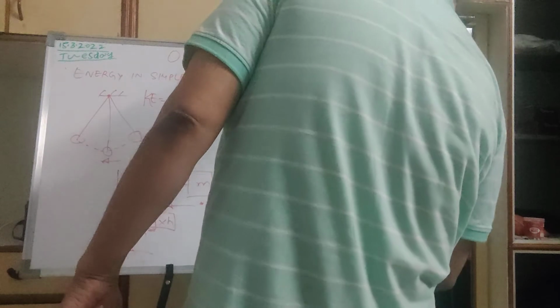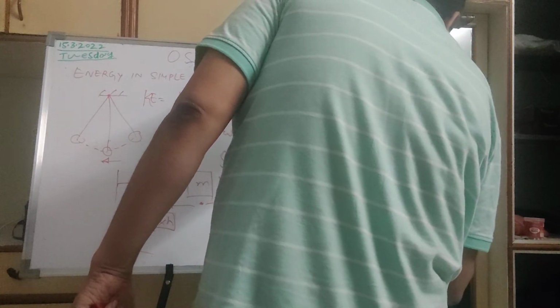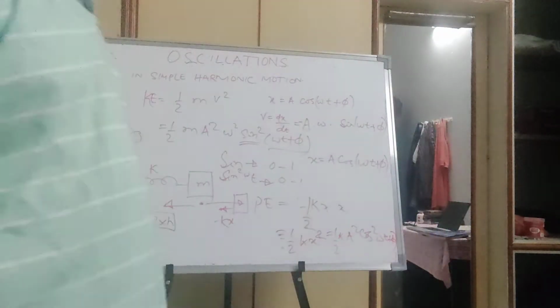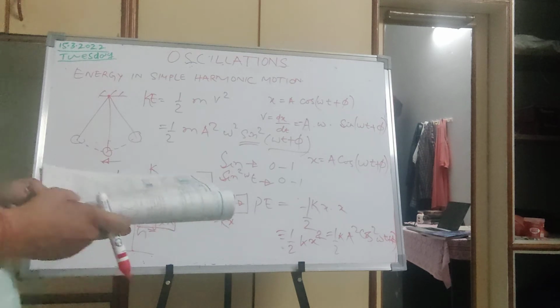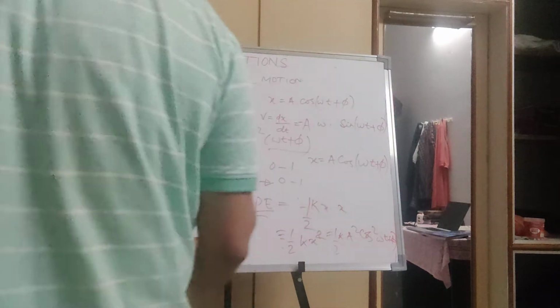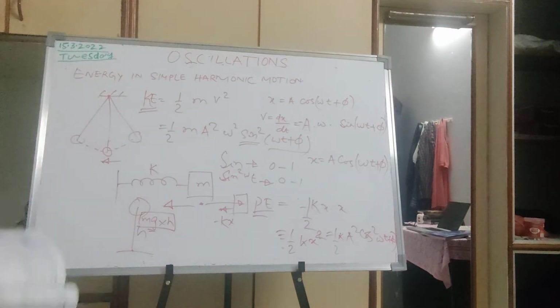So in this case, you replace x by a cos(omega t plus phi), then half k a square cos square(omega t plus phi). So this is the expression for potential energy, and this is the expression for kinetic energy.